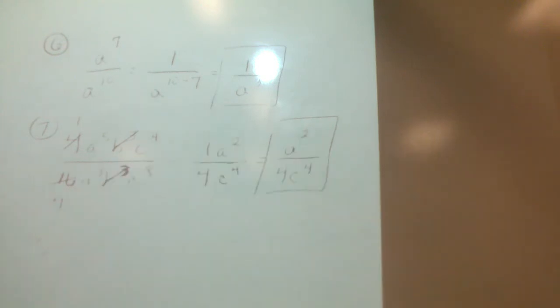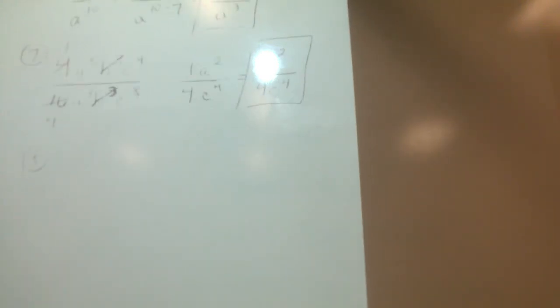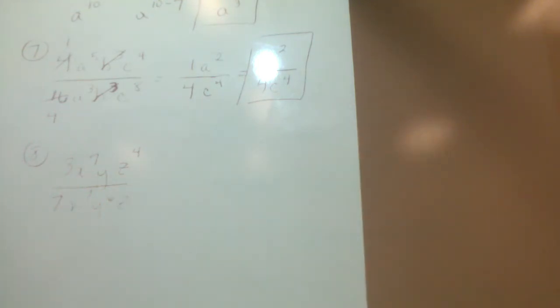Number 8. We have 3x to the 7th, y z to the 4th, divided by 7x to the 7th, y to the 6th, z.